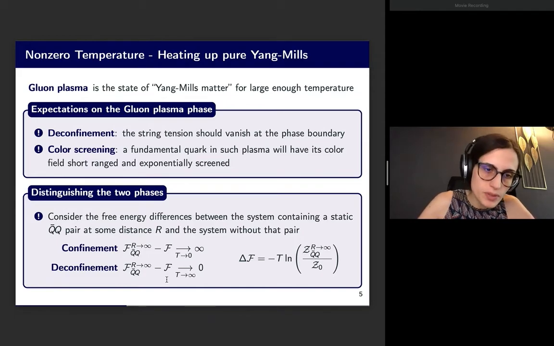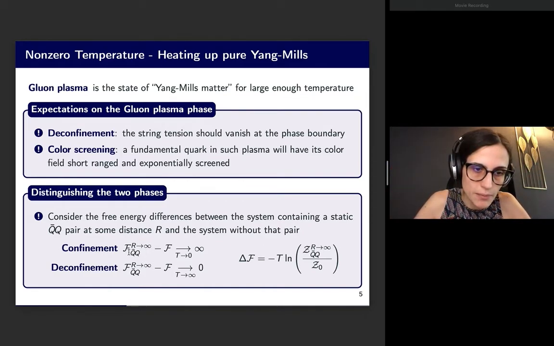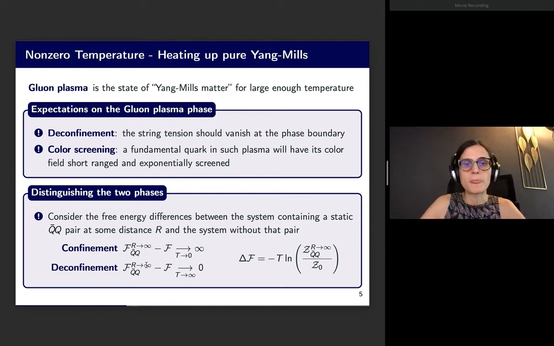If we compute that difference, we see that in the confinement regime, while the temperature goes to 0, the difference between the two cases is infinity, because it takes an infinite amount of work to separate the two sources to a distance which goes to infinity, which is what I mean by this symbol over here.